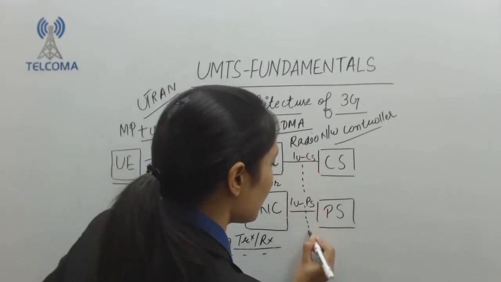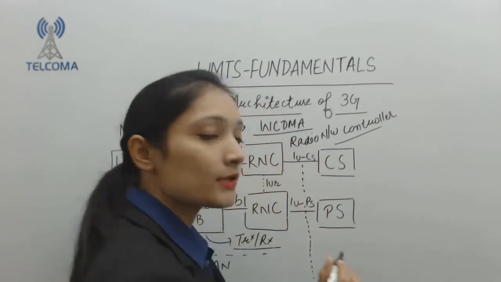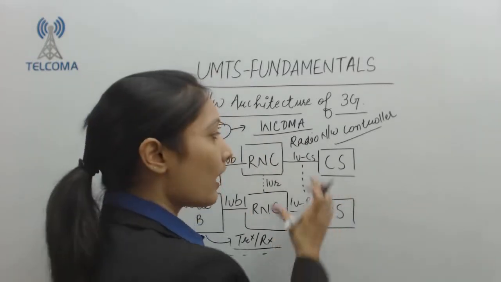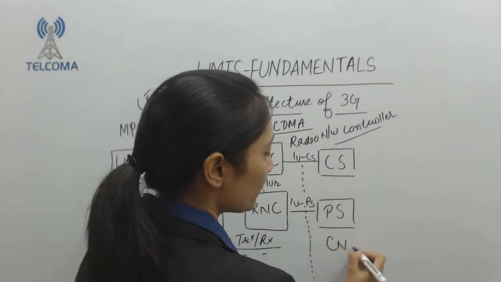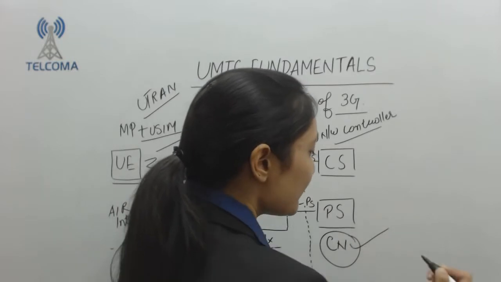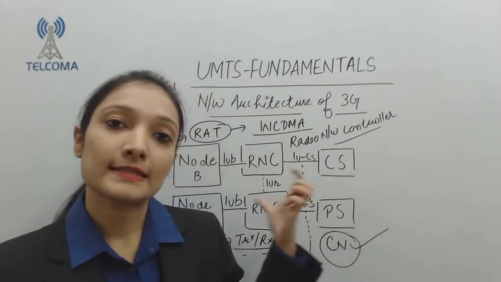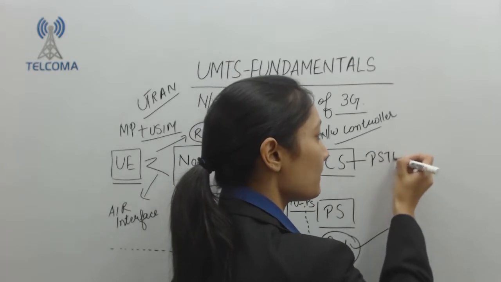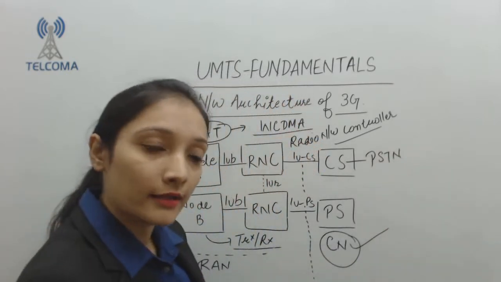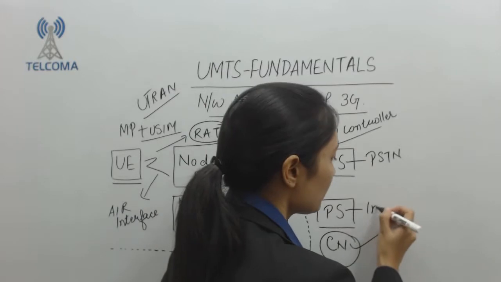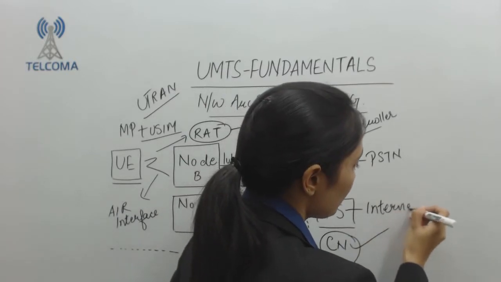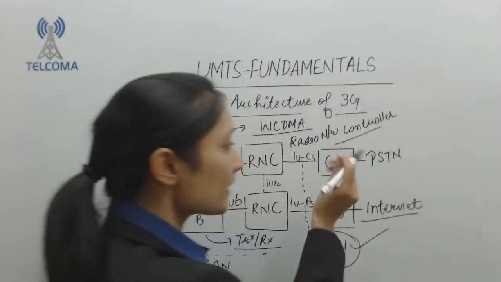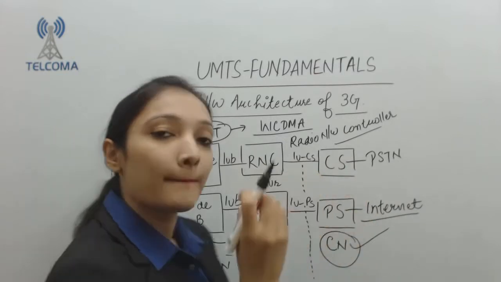That means this allows the users to connect to the access network. After that, we have the core network, which is the main backbone network. That means it is connecting us either to a PSTN, public switched telephone network, or to the internet services. So here I have written CS and PS.